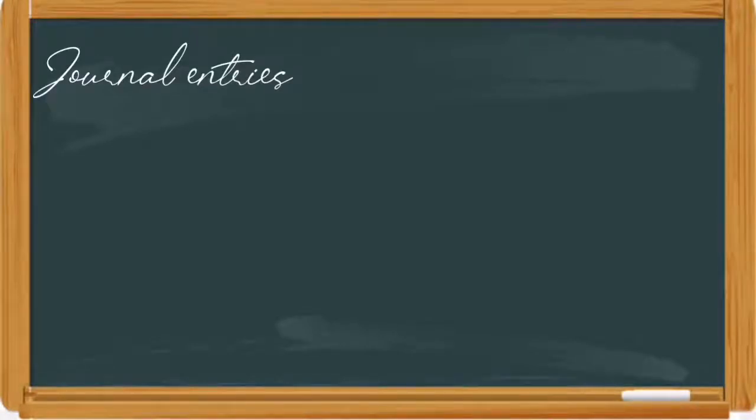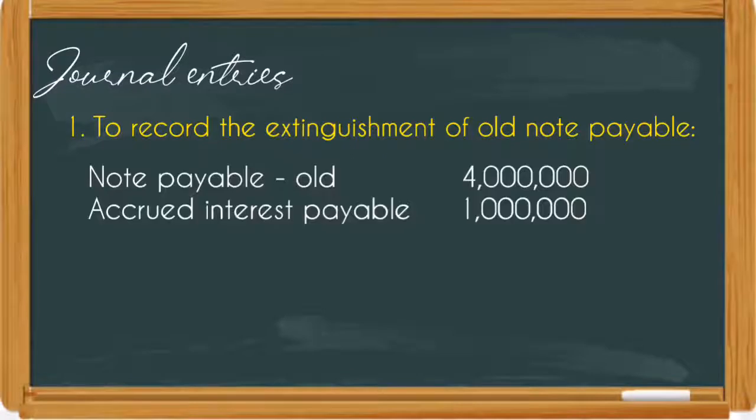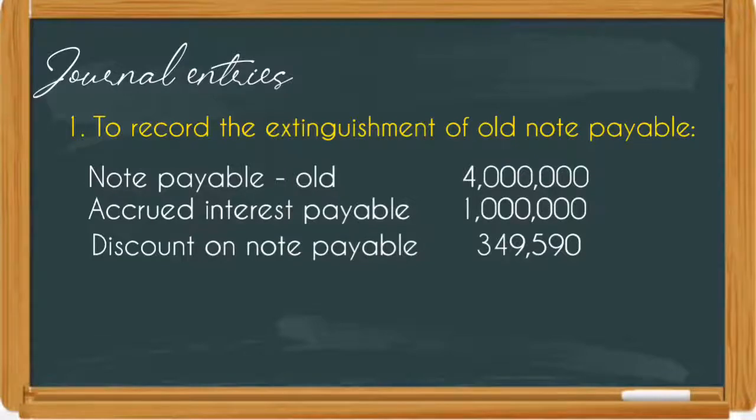Next step is the journal entries. First, to record the extinguishment of the old note payable. We derecognize the note payable and accrued interest payable, so we debit both of them. Note payable, 4 million, and debit accrued interest payable, 1 million. We also have the discount on note payable of 349,590. It is a debit because the normal balance of discount on note payable is debit.